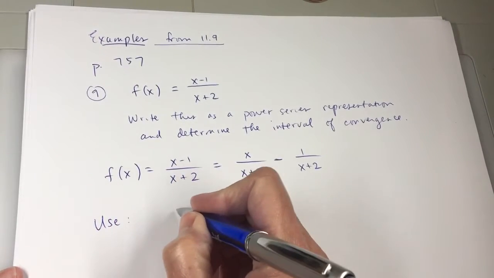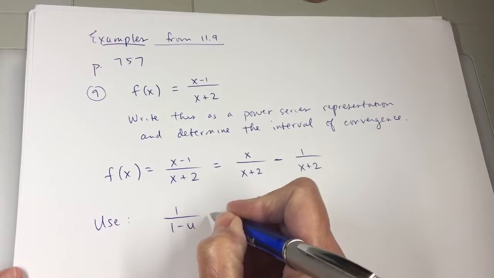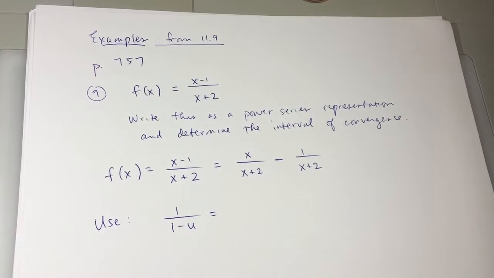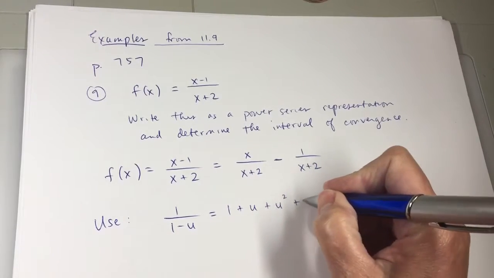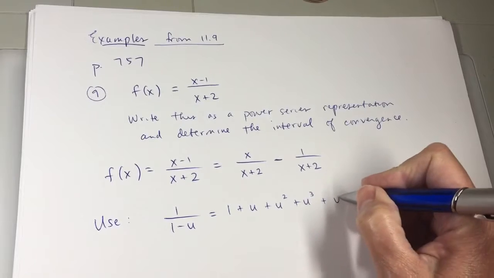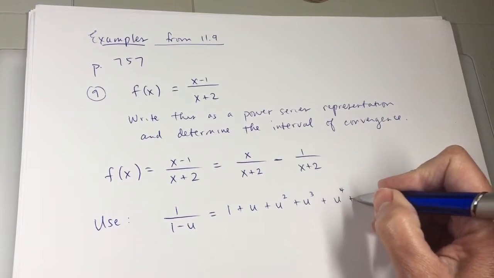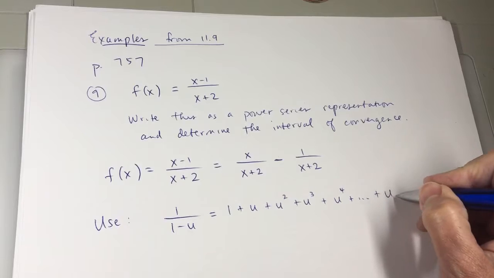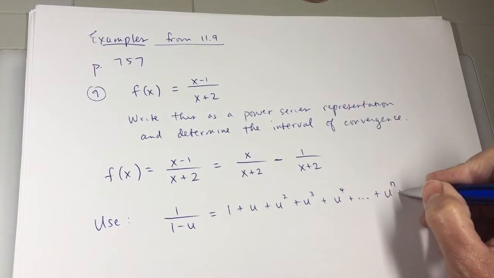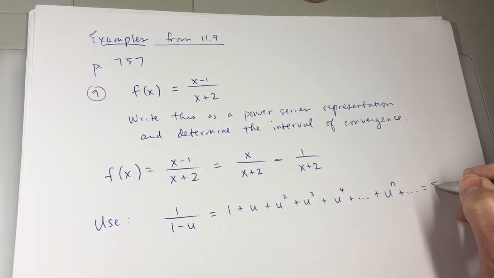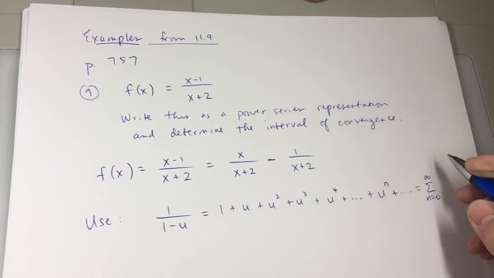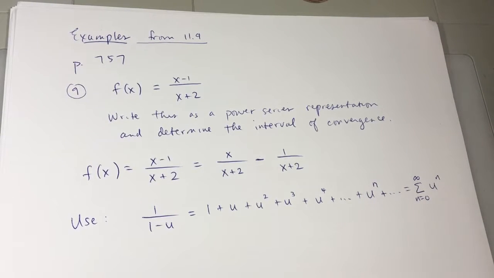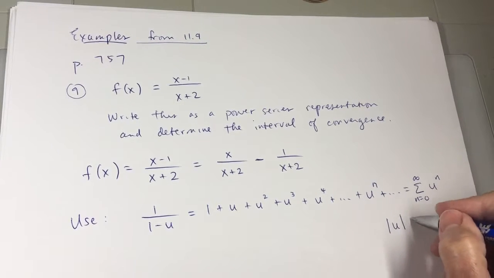I'm going to show this with a u. 1 over 1 minus u equals 1 plus u plus u squared plus u cubed plus u to the fourth plus dot dot dot, goes on forever. If I want u to the n, that's the sum as n goes from 0 to infinity of u to the n, and this converges for the absolute value of u less than 1.